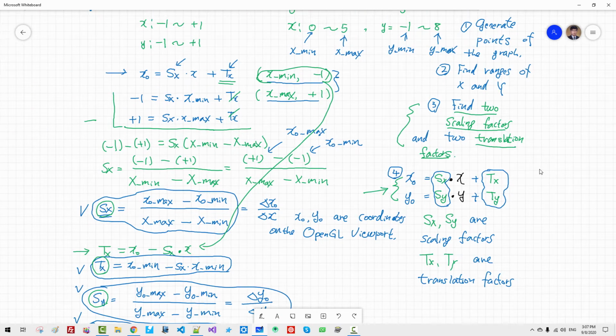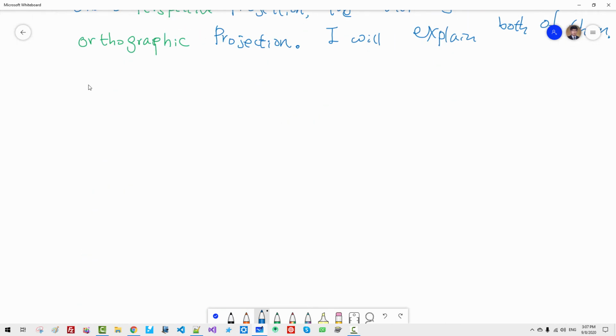Now scroll down. In two-dimensional space, xo, the x coordinate in the OpenGL viewport, is represented as sx times x plus tx. yo, the y coordinate in the OpenGL viewport, is represented as sy times y plus ty.